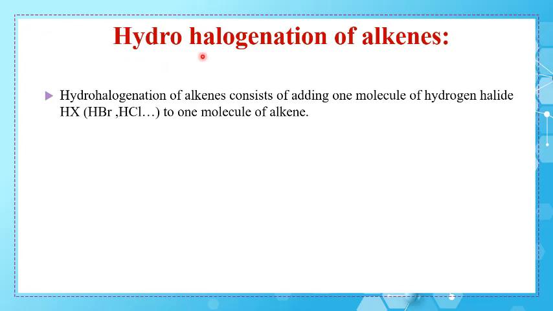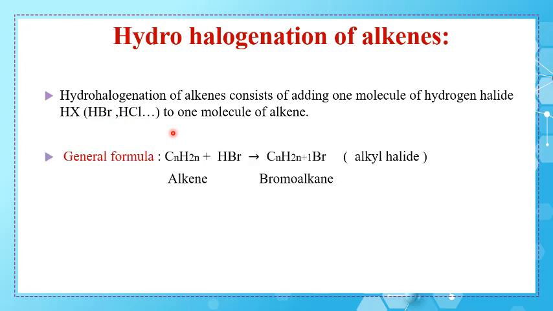For the third reaction, hydrohalogenation of alkenes. If I decompose the nomenclature of this reaction, I find that it is formed by 2 parts, hydrogen and halogen. So hydrohalogenation of alkenes consists of adding one molecule of hydrogen halide HX, it can be HBr, HCl, to one molecule of alkene.